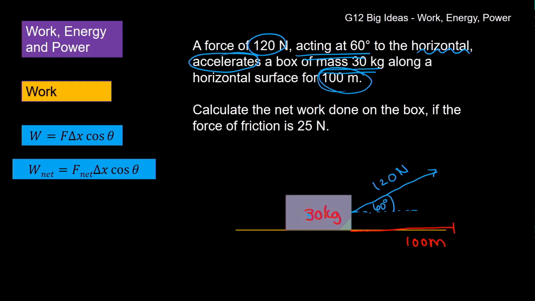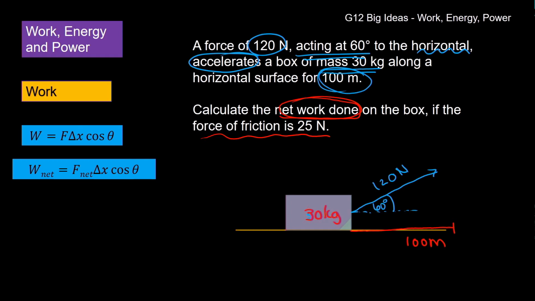Okay, calculate the net work done on the box if the force of friction, oh, look at this, is 25 newtons. So we've got a force of friction. I'm going to use the second method of calculating this.